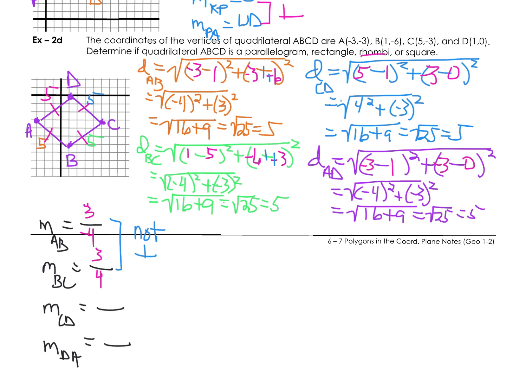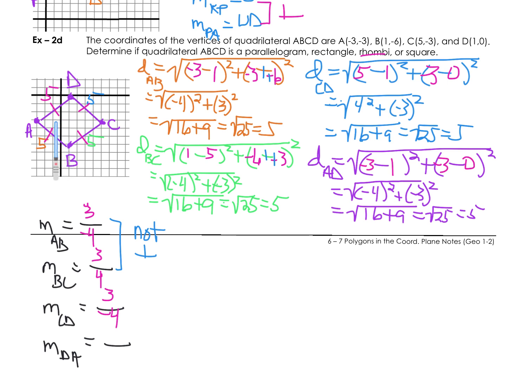So I'm going to find the slope from C to D. From C to D, I'm going to go up 1, 2, 3. That's a positive direction. To the left, 1, 2, 3, 4. That's a negative direction. So +3 over -4. And then from D to A, from here to here, I'm going to go down 1, 2, 3. That's a negative direction.